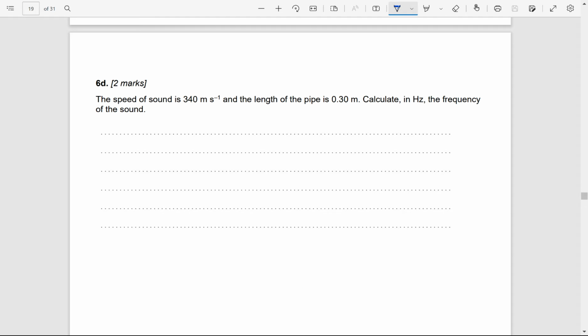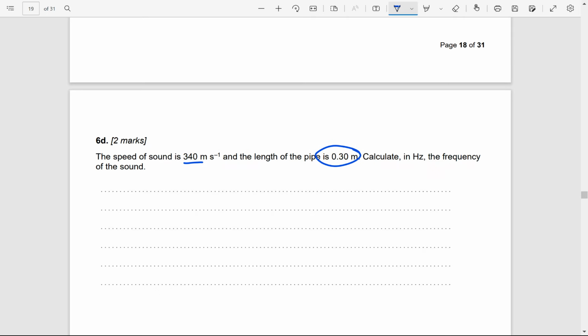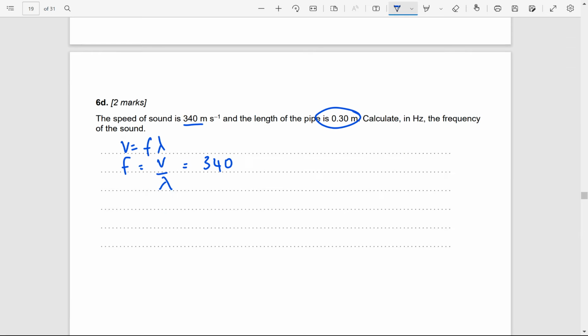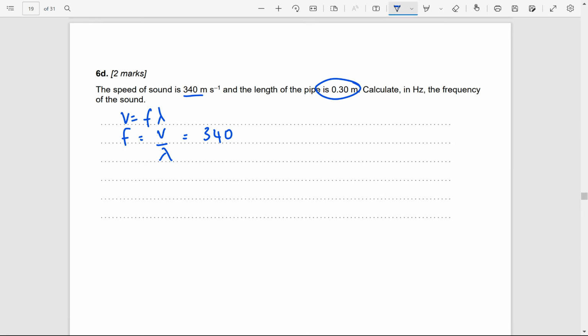If we're trying to calculate the frequency and we've got the speed, we just need the wavelength. We're not given the wavelength, much like a similar previous question, but we're given the length of the pipe. So before I plug in any numbers, I'm just going to write out the formula and rearrange for frequency. Okay, so I know that the speed is 340, which is what is expected in air, and then I need to divide it by the wavelength.